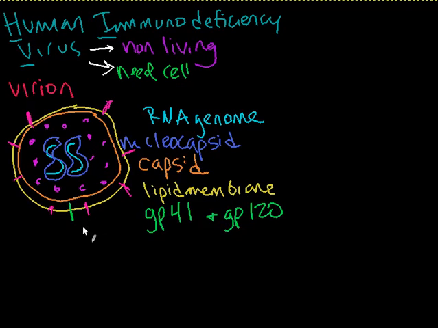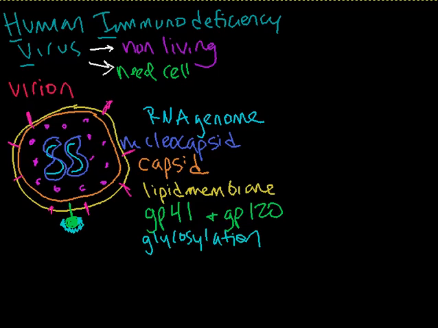There's actually multiple copies of it, but I'm not going to draw them. And then GP120 is the bit that sticks out. And GP120 also has this little film of sugars on it. I'm going to draw that in. That's called glycosylation. I'm going to write that right here. Glycosylation.